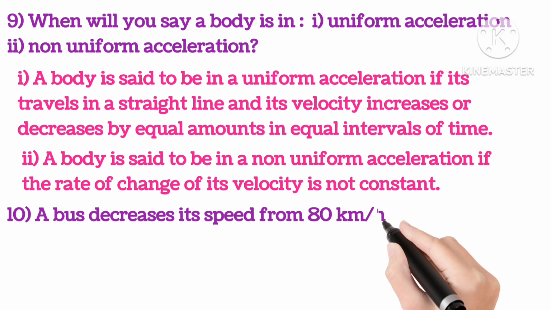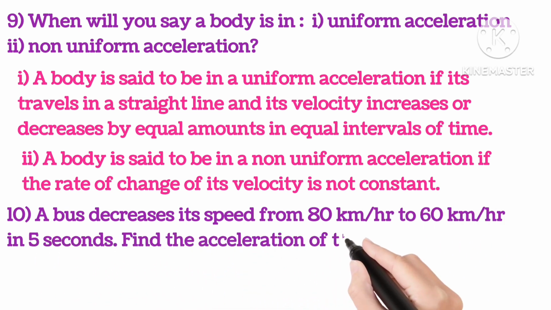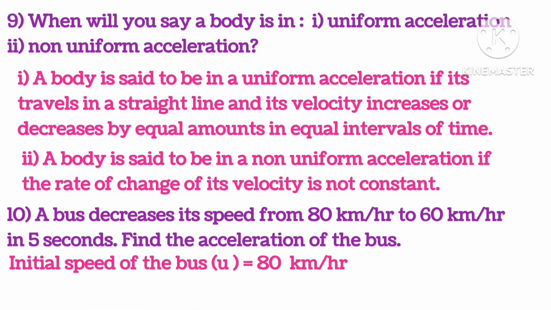10th, a bus decreases its speed from 80 km per hour to 60 km per hour in 5 seconds. Find the acceleration of the bus. So the initial speed of the bus, u, is equal to 80 km per hour. Converting it into meter per second, we get 22.22 meter per second.